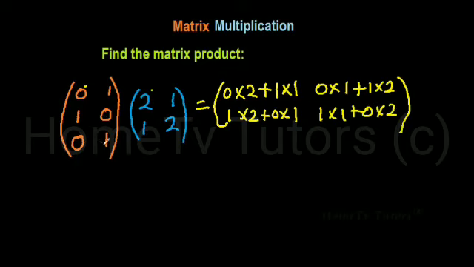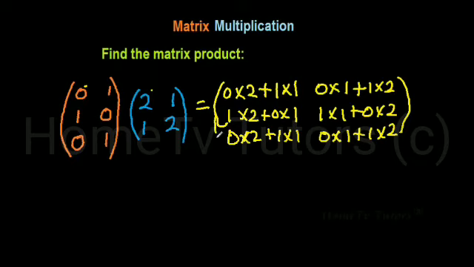Then the last row, 0 times 2 plus 1 times 1. Then lastly, 0 times 1 plus 1 times 2.